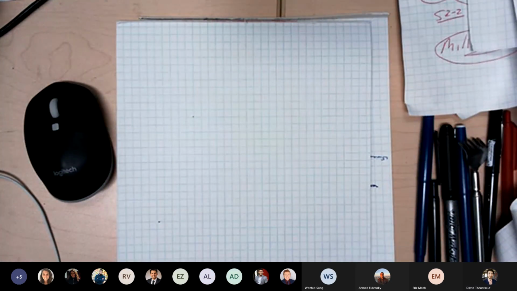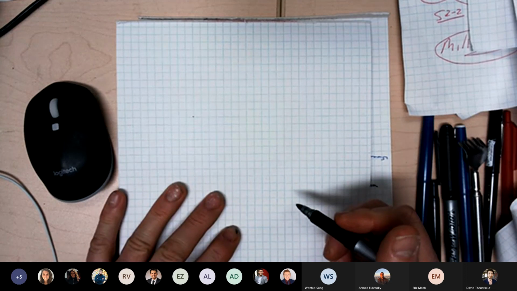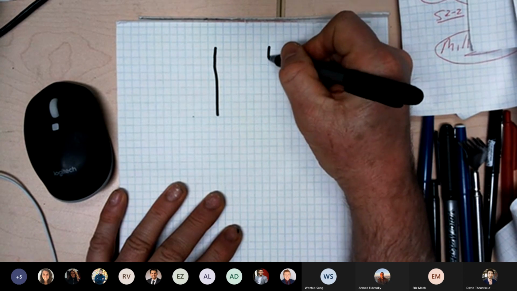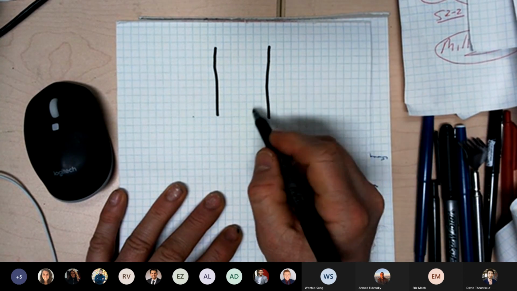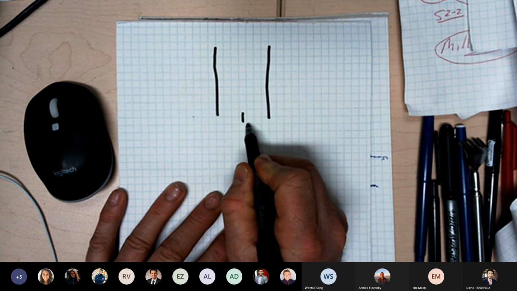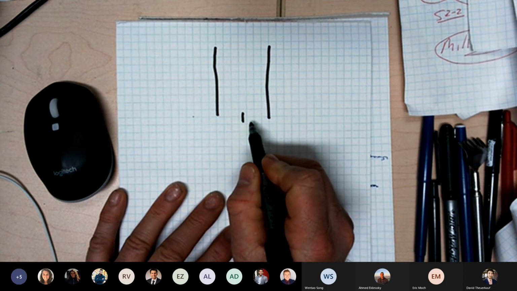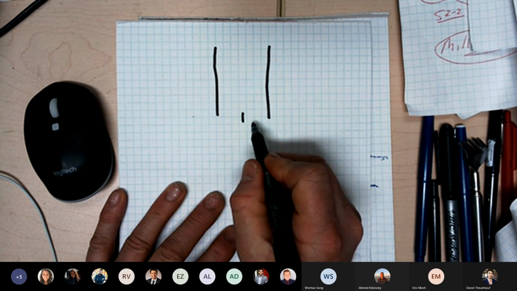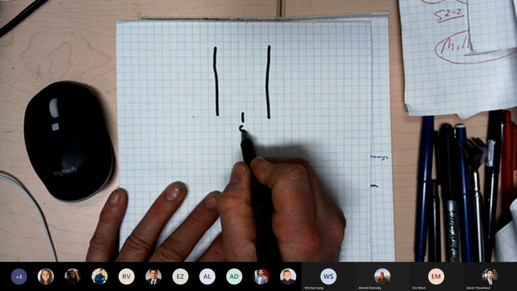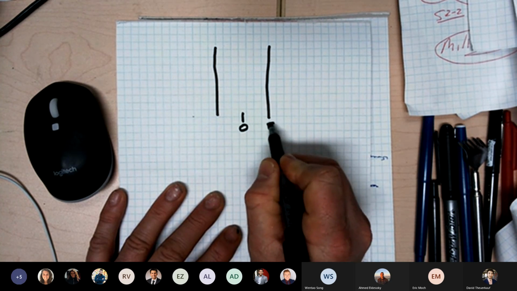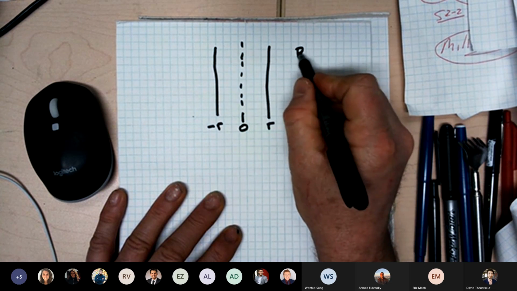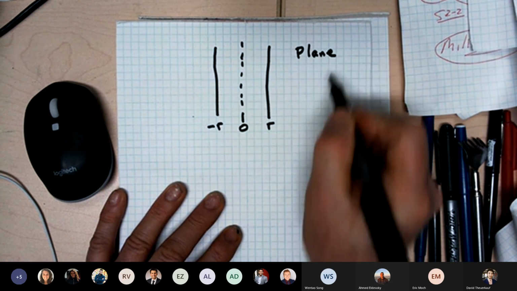Okay, great. So Atlung in his paper treats three different kinds of particles. He treats particles that are flat, where he calls the center 0 and the surface R and minus R. So he called these plane particles, okay?